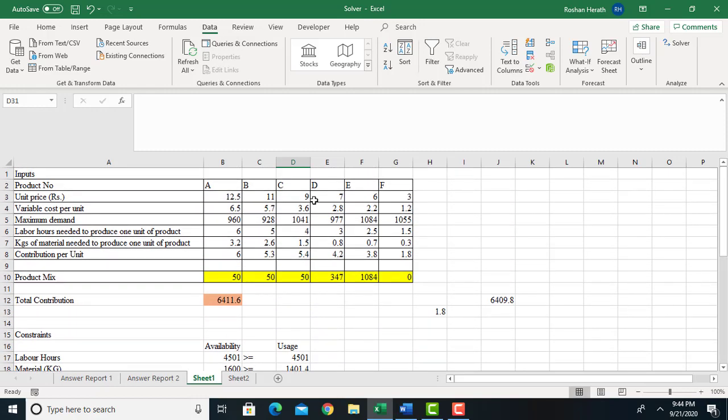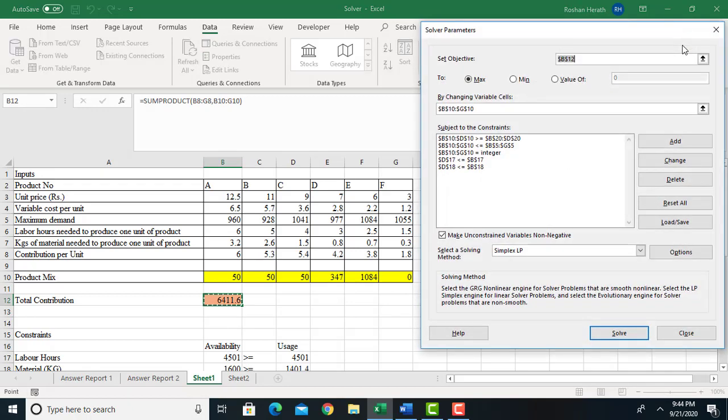So therefore, this time you're going to change your objective. At the moment your objective is there, that is B12. You want to make it equal to a particular value, and that value is 5,000.